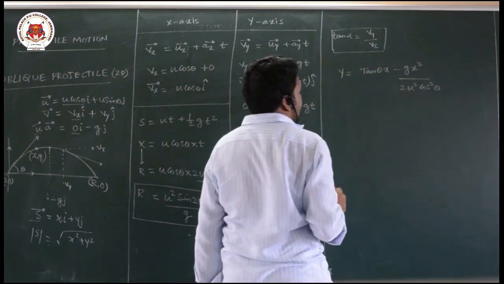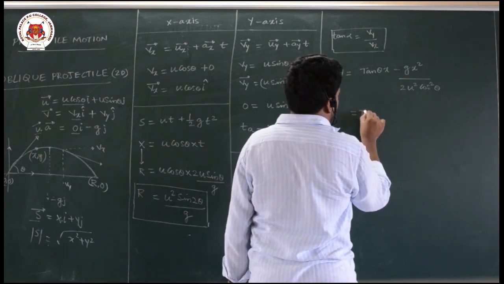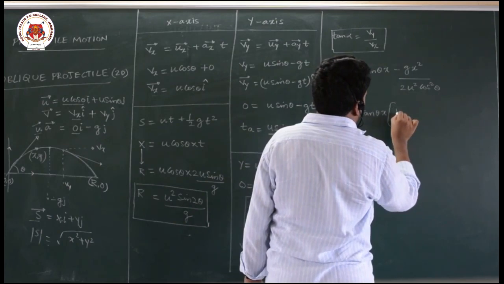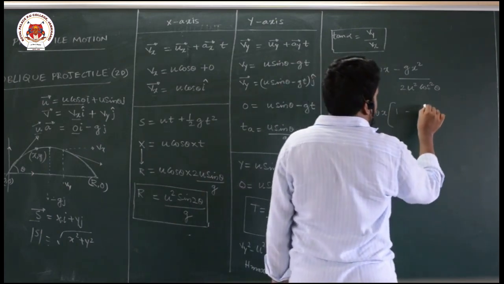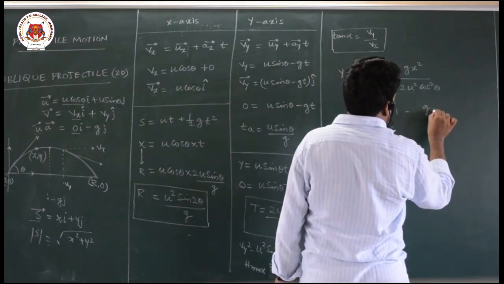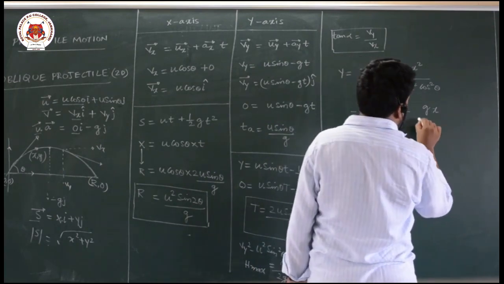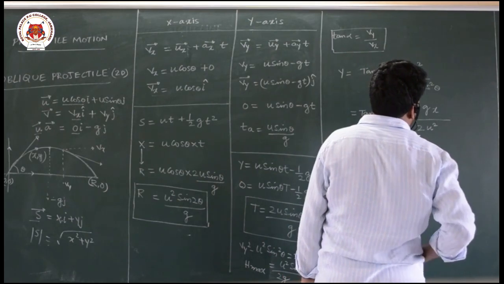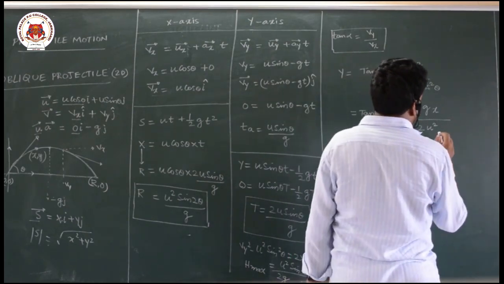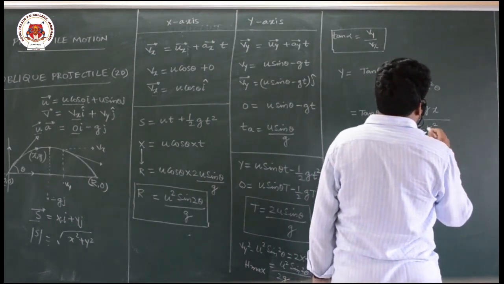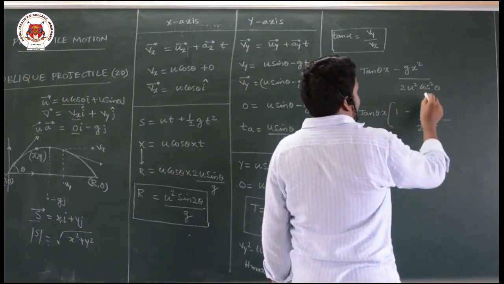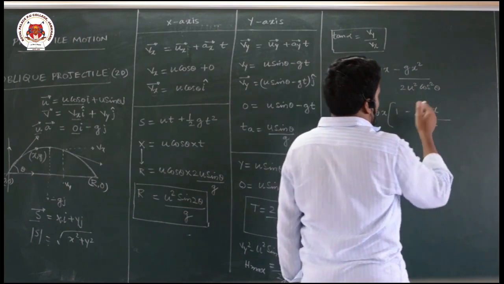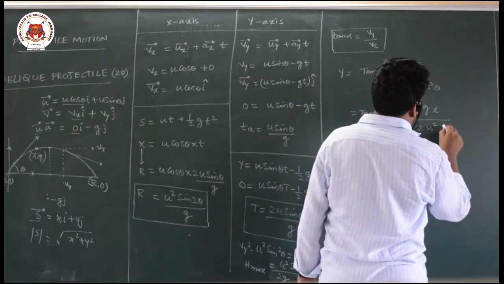Here I can take tan theta x common. What happens to this cos square theta? If you again multiply, you should get cos square only.